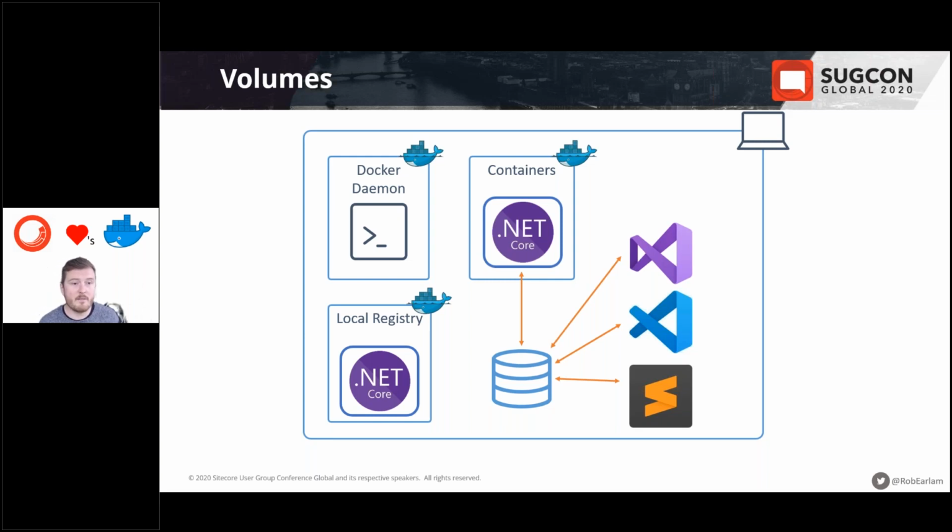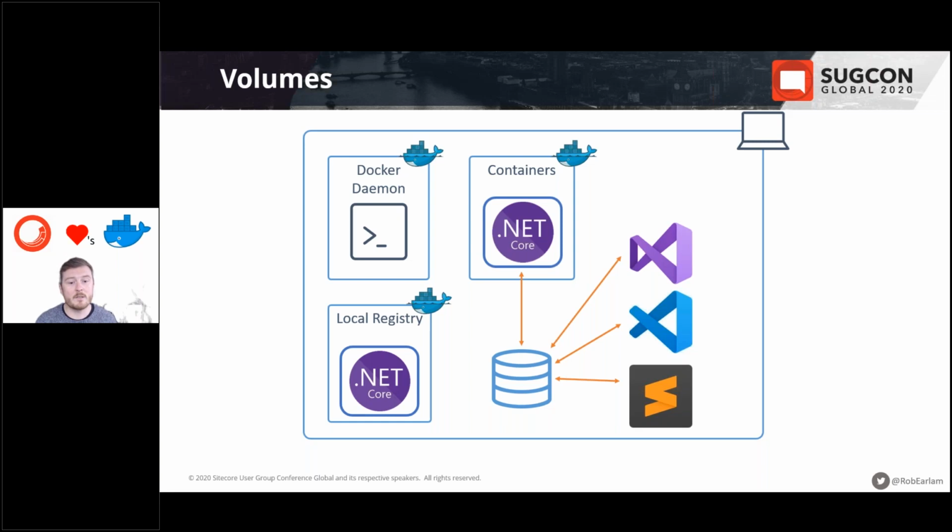The other typical scenario around volumes and when you'd use them is for persistence of data. Containers are designed to be pretty short-lived. You create them, you tear them down, you blow them away. So any data you have in the container, you don't want to store in there. If you think about logs, for example, if you store your logs in the container and the container dies, those logs are going to die with it. So you're not going to be able to get any data around what happened there.